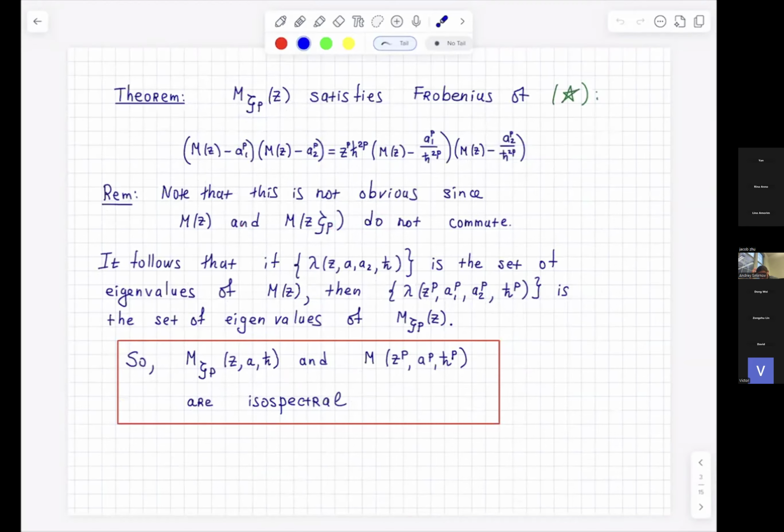If you think about it, first of all, that's not obvious at all, simply because the values of M and M shifted do not commute, so we cannot really diagonalize these matrices in one common basis and then understand what happens with their eigenvalues.